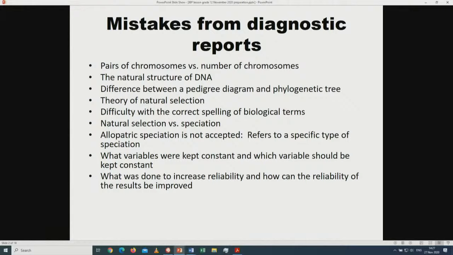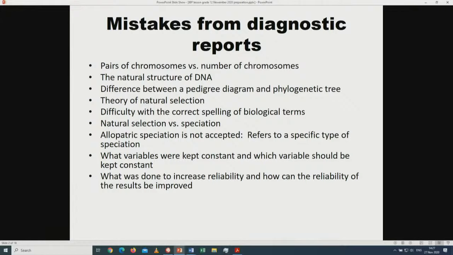Another point is difficulty with the correct spelling of biological terms. We know that in life sciences, incorrect spelling may lead to a different biological term or change the entire meaning of the term. So it is very important that spelling is practiced and biological terms are studied thoroughly, so that no spelling mistakes occur.